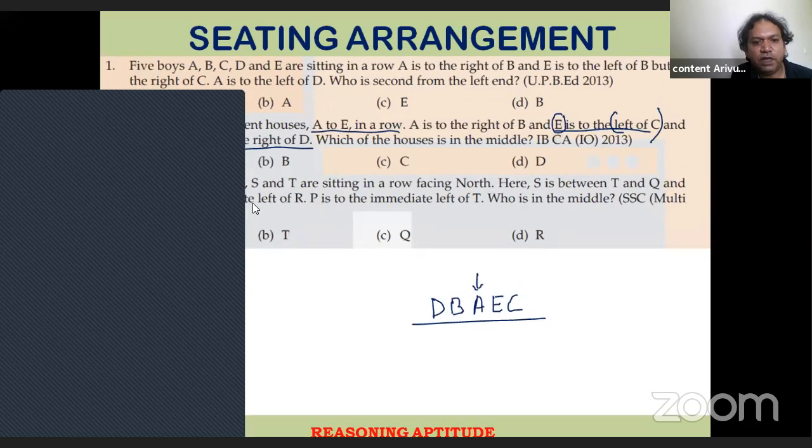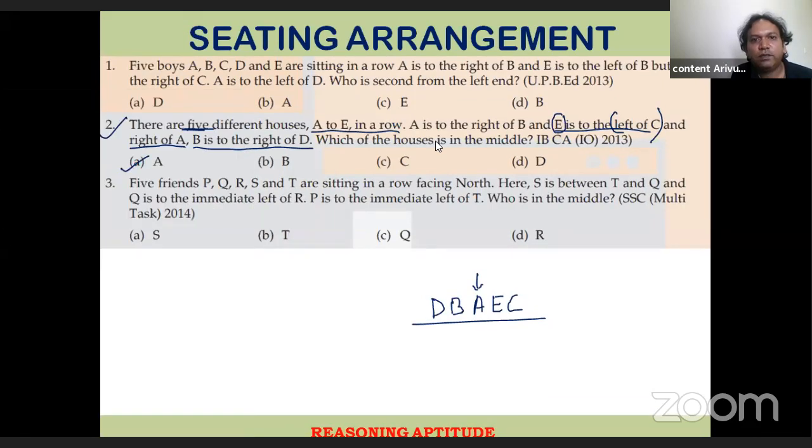Which house is in the middle? The answer is A. Answer option A. DBAEC. That's question number two.